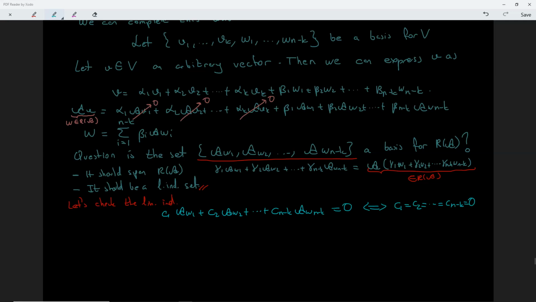All right, so let's see. If all the C's are zero, then that linear combination is already zero, so that direction is easy to show. But the other direction is: if that linear combination is equal to zero, can we show all coefficients are equal to zero?